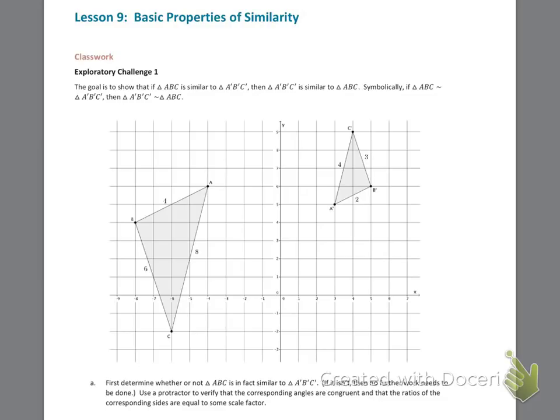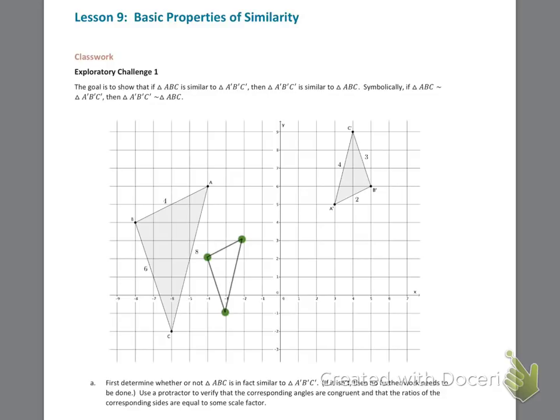So I'm going to start from the origin and dilate points A, B, and C by a scale factor of 1/2, and this is what I would get. Okay, so this is my new triangle that I dilated from center O with a scale factor of 1/2. I used the coordinates.